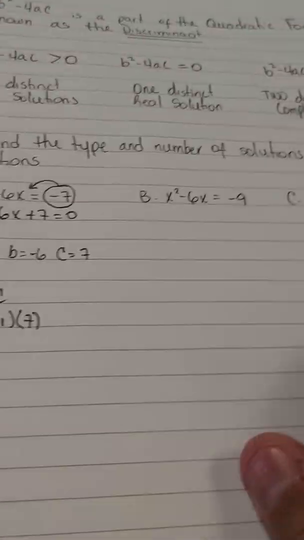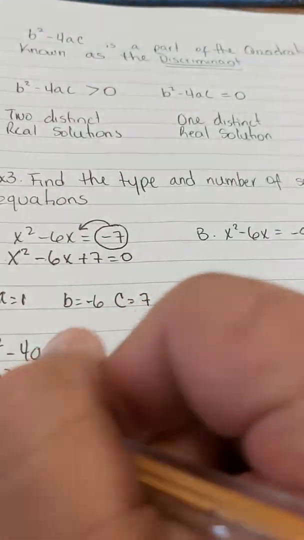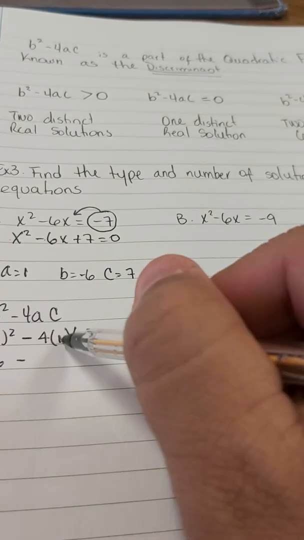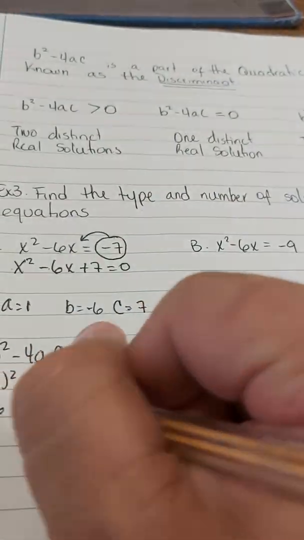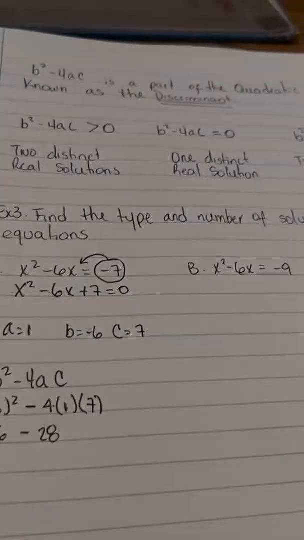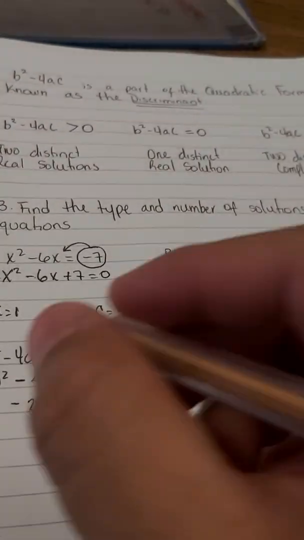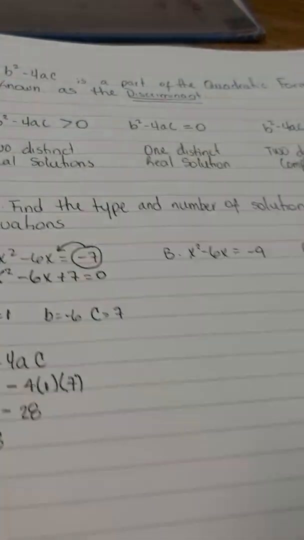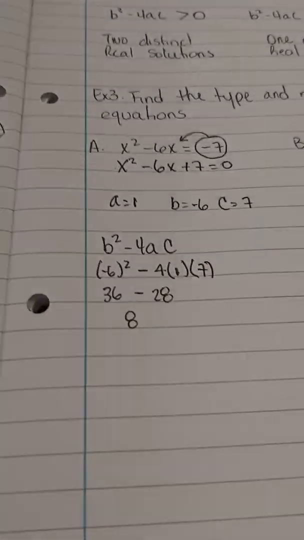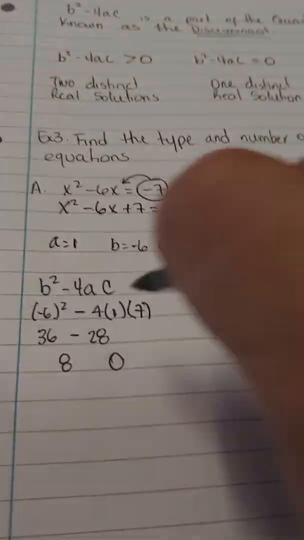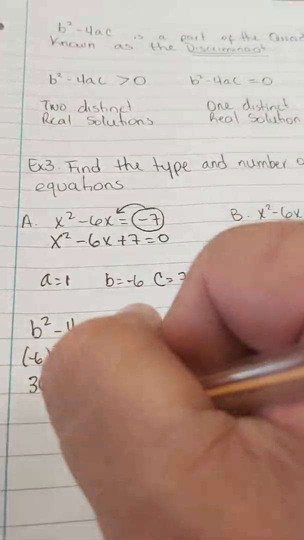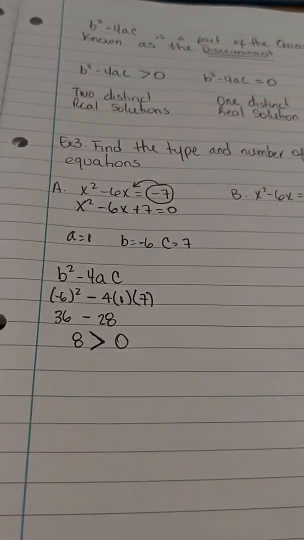Negative 6 squared, that's 36, minus 4 times 1, that's 4, 4 times 7, 28. 36 minus 28 equals 8. If we compare 8 and 0, we notice that 8 is greater than 0.